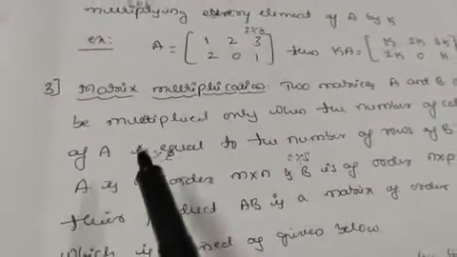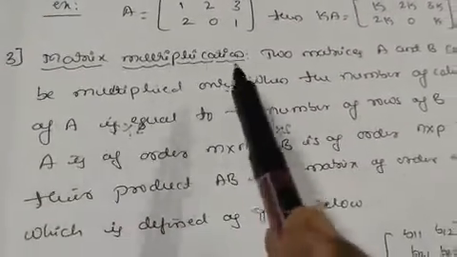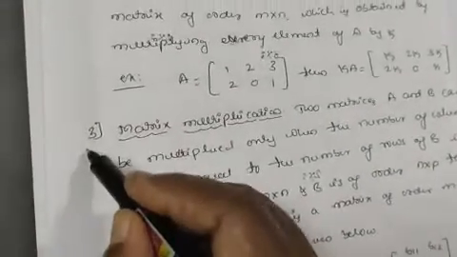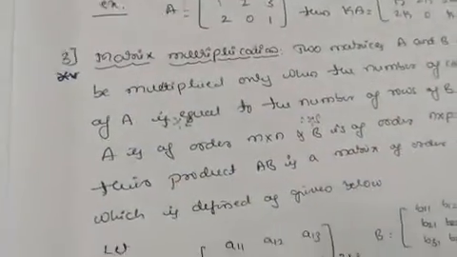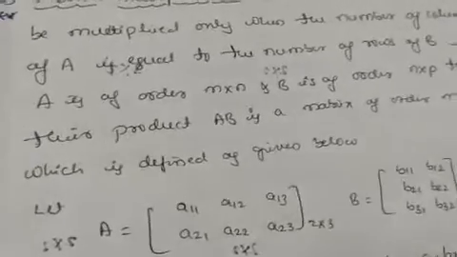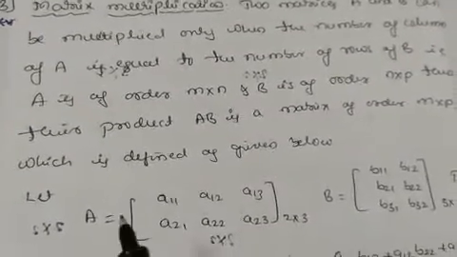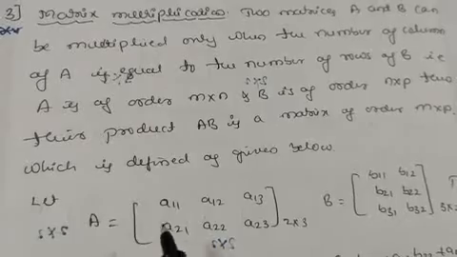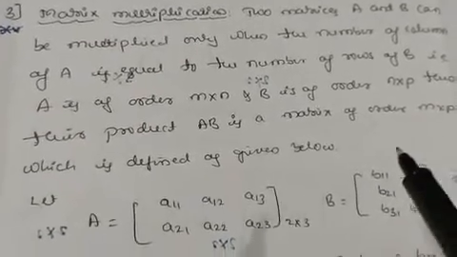Next one is matrix multiplication. This is important. To multiply two matrices, one condition is very important.